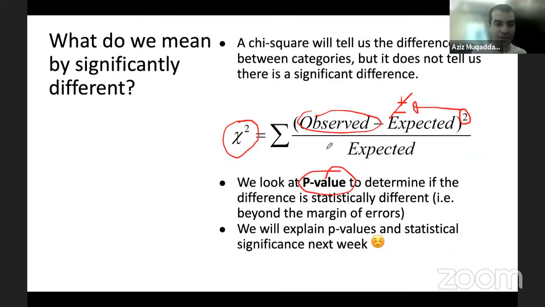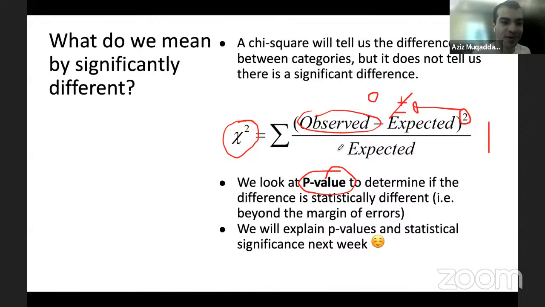And then you divide it by the expected. And if it's the same value, you should get 1, right? If the observed is similar to its expected, you get what? 0, right? And 0 to the power of 2 is still 0. And 0 divided by any number is 0.